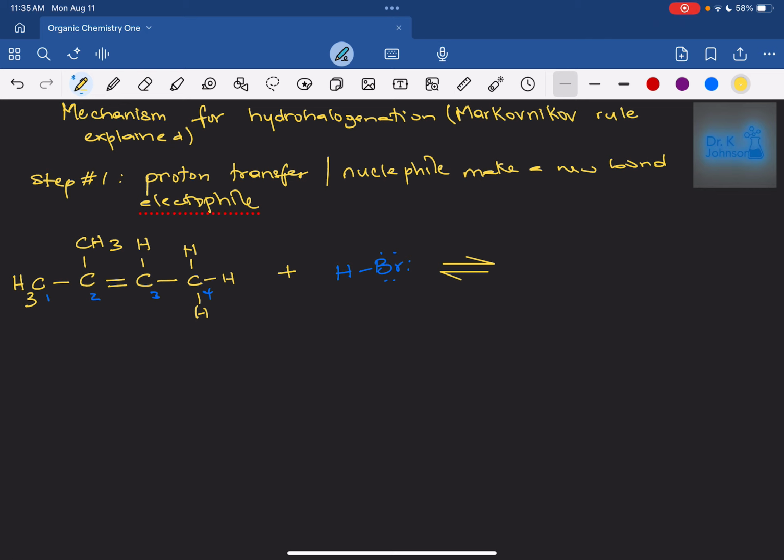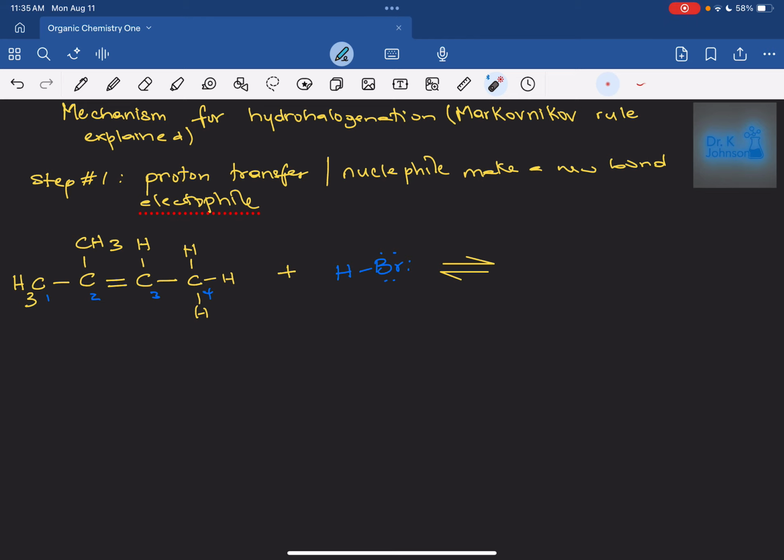All right. So remember, if you have not watched the video on arrow pushing or the four mechanistic properties that happen in any organic reaction, please go back and watch it because it will help you understand the curved arrows better. So we have an alkene and we're adding HBr to it.